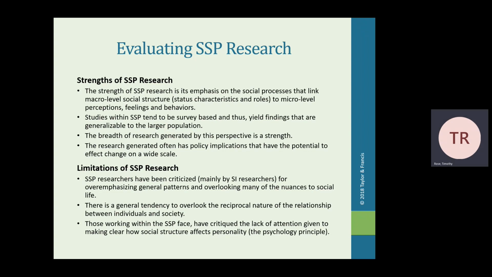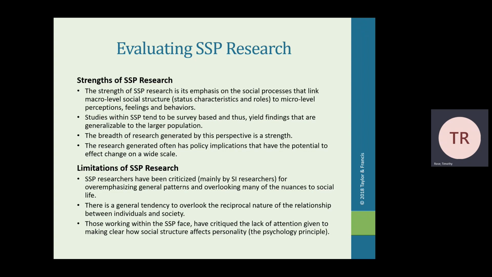So, what are the limitations then of SSP? SSP research has often been criticized by traditional SI research for overemphasizing general patterns and overlooking many of the nuances of social life. There's a general tendency within SSP research to overlook the reciprocal nature between individuals and society.